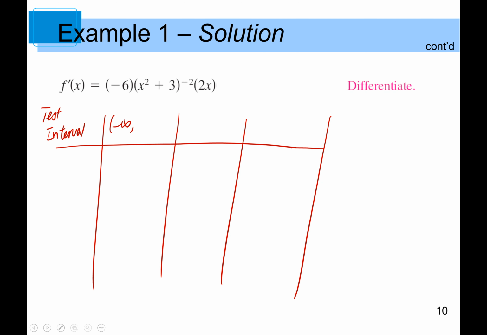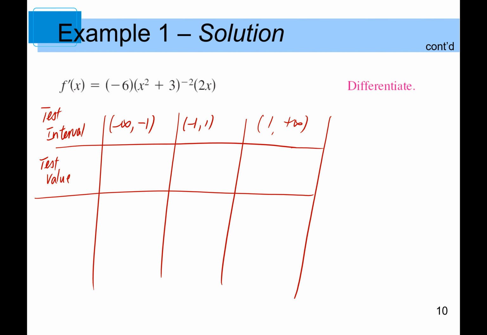So those two values are going to separate the domain into 3 pieces: negative infinity to negative 1, negative 1 to 1, and 1 to positive infinity. I'm going to pick a test value within each interval. So here we can pick -2, 0, 2.